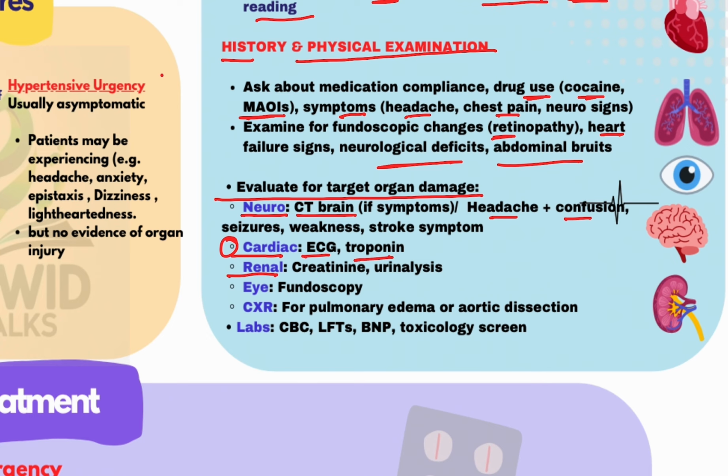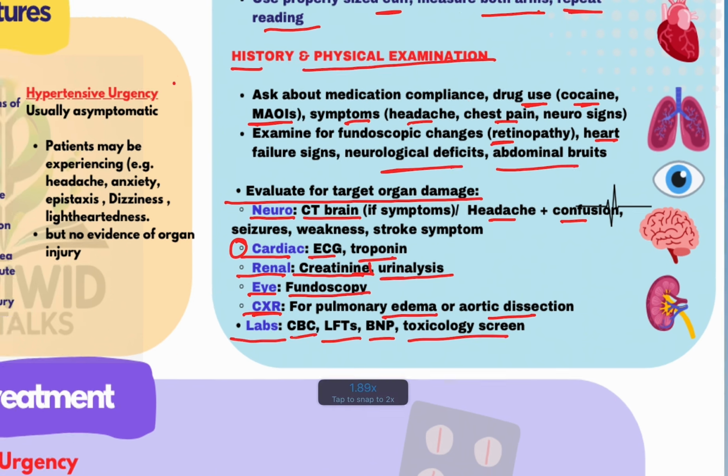For renal, we do renal function including creatinine and urine analysis. For the eye, we do fundoscopy. For the chest, if there is suspicion of pulmonary edema or aortic dissection, we do a chest x-ray. Other lab tests include complete blood count, liver function test, BMP, and toxicology screen.